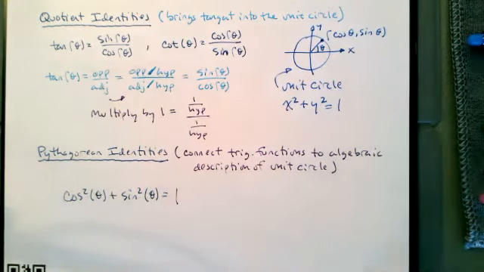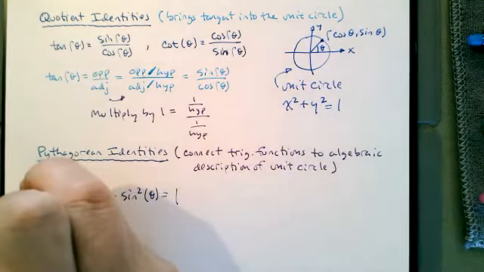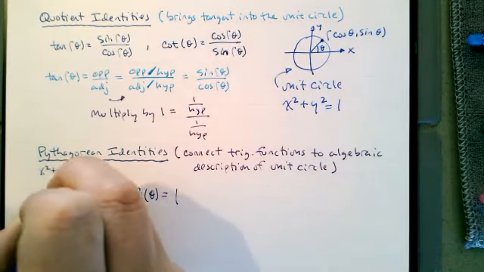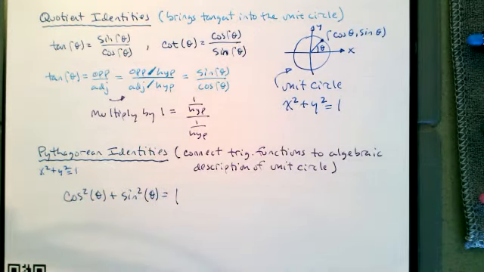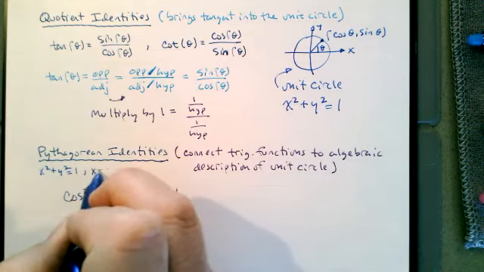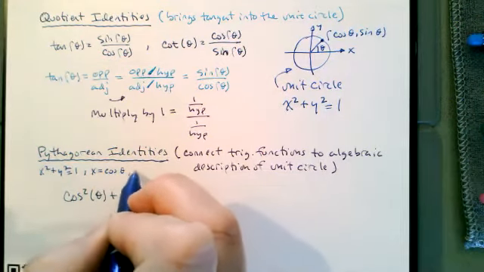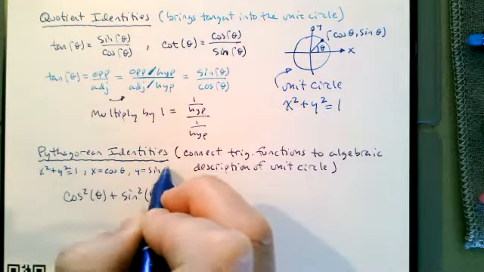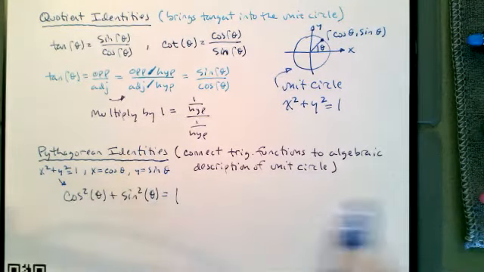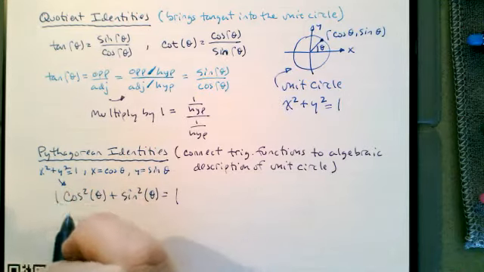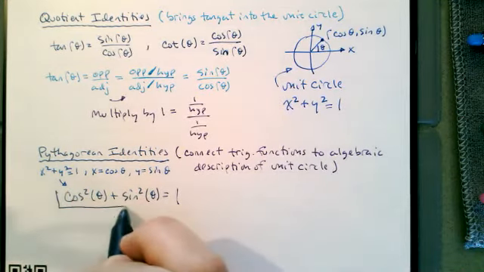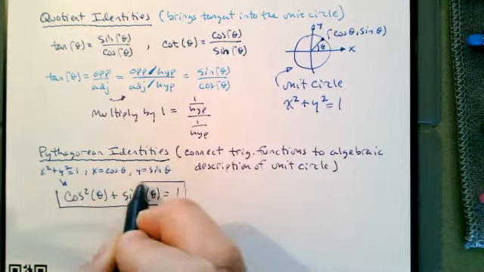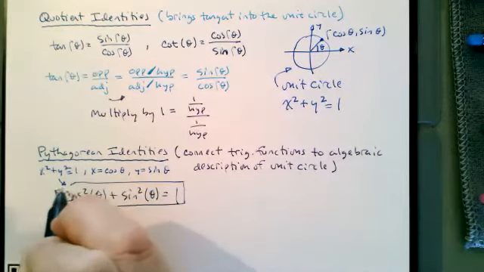This comes directly from that unit circle where x squared plus y squared equals 1. x is cosine theta, y is sine of theta. And that gives us our primary Pythagorean identity. This is the big one.